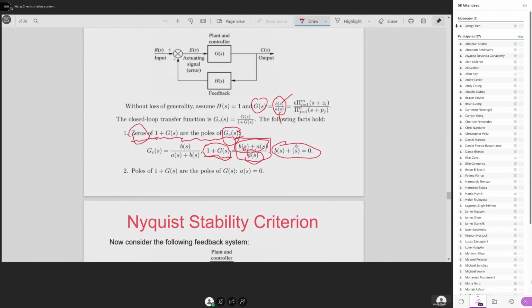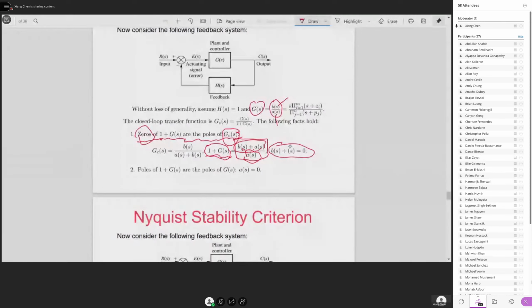Oh, I'm sorry, I missed the A here. So if you solve this polynomial equation, then the roots of this polynomial equation will be exactly the zeros of 1 plus G of S, right? Anyone disagree with that? I don't think so. This is so obvious.